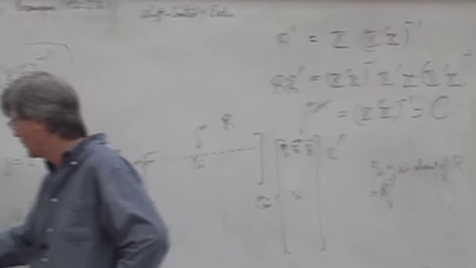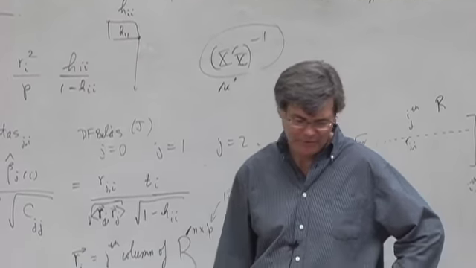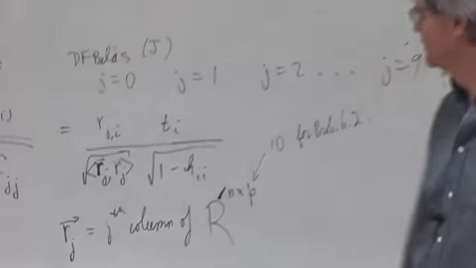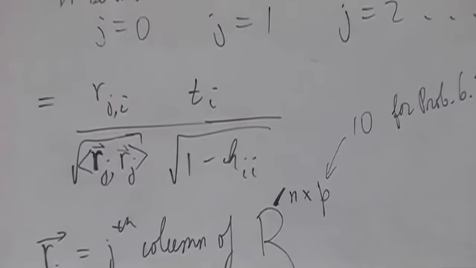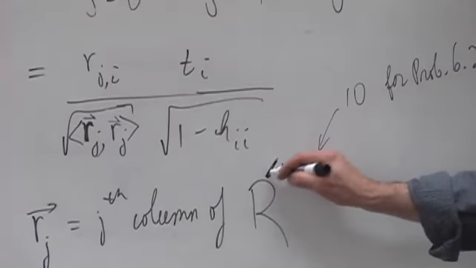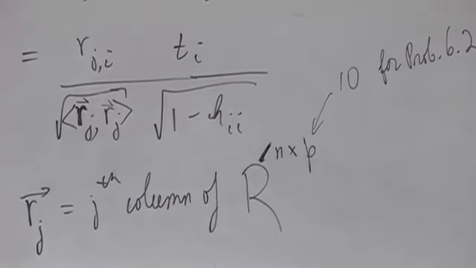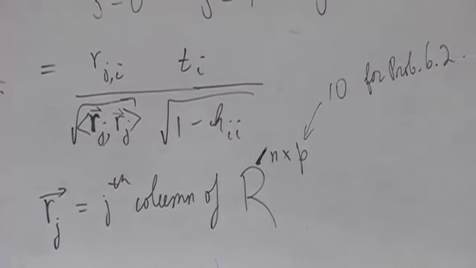That's the jth column of R prime. So it really should be called, there should be a prime on it. But anyway, that's what he did. So he's kind of mixing his notations a little bit.